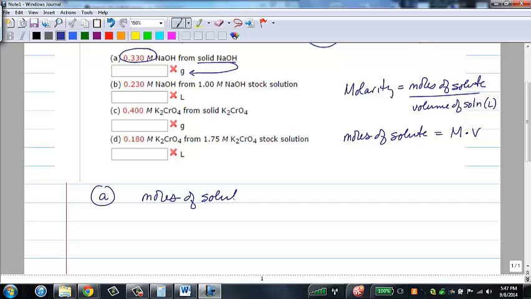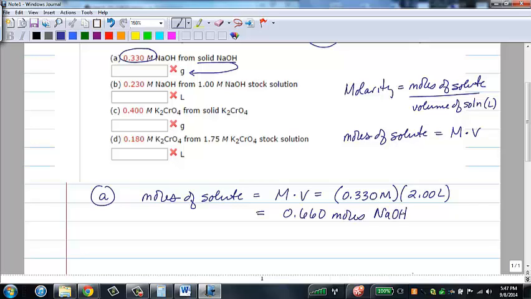So moles of solute is equal to molarity times volume. Our molarity is 0.330, and our volume is 2 liters. So 0.330 times 2 is 0.660. That's how many moles of NaOH I have to make that solution.